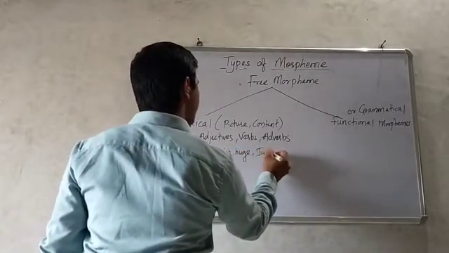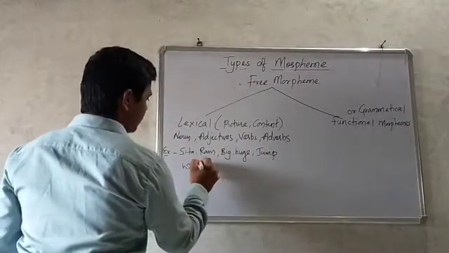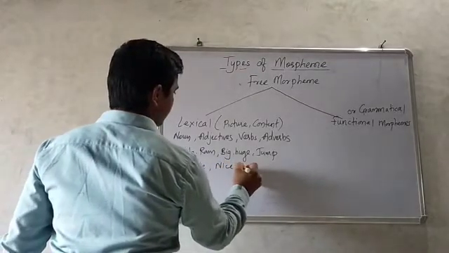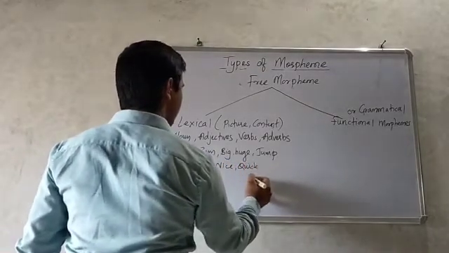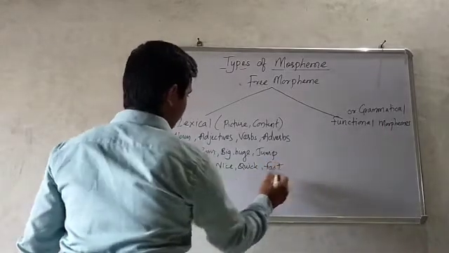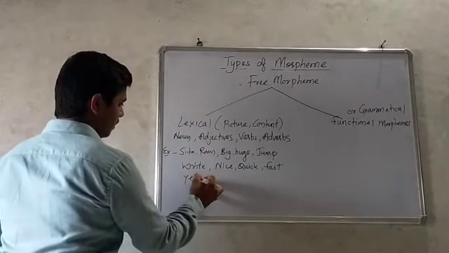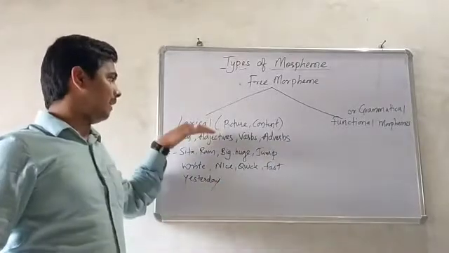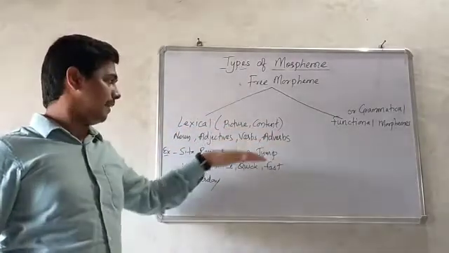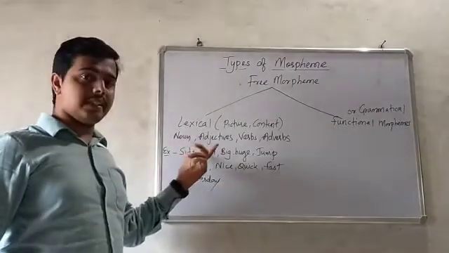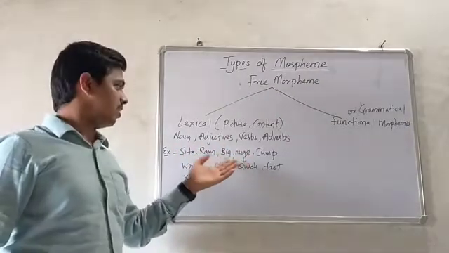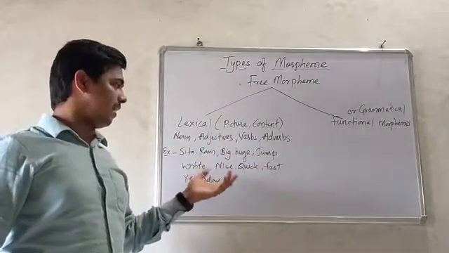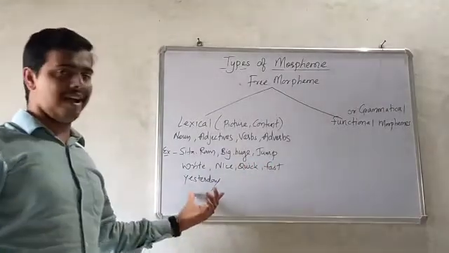Verbs: jump, right. Adverbs: nice, quick, fast, even yesterday. So these are examples of lexical or picture content morphemes. Look at Sita, Ram, Gita, Ramesh, Suresh; again big, huge, jump, right, nice, quick, fast, and yesterday.